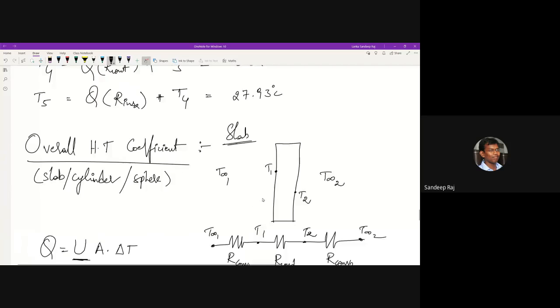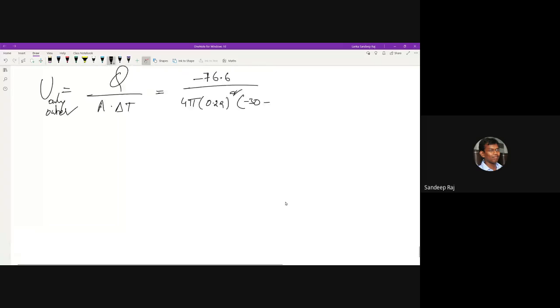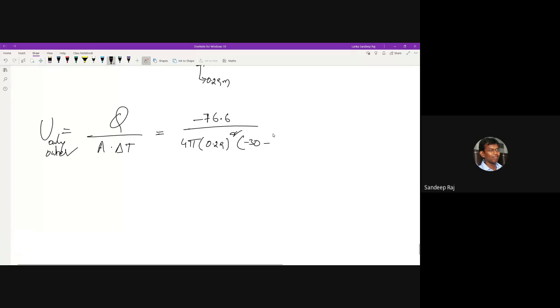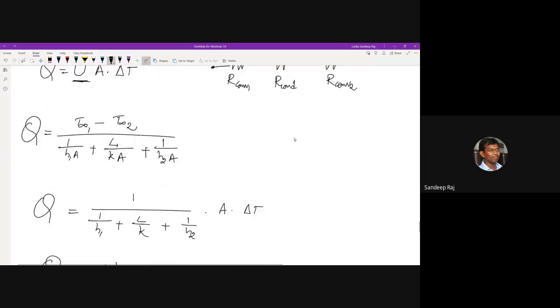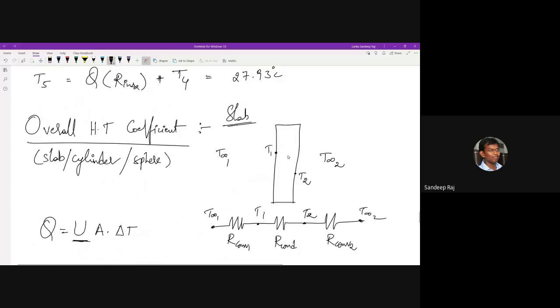The outer surface is at this temperature. That 30 is the temperature of the atmosphere, so it should not be minus, it should be plus 27.93. How much is it? 93. Yeah.